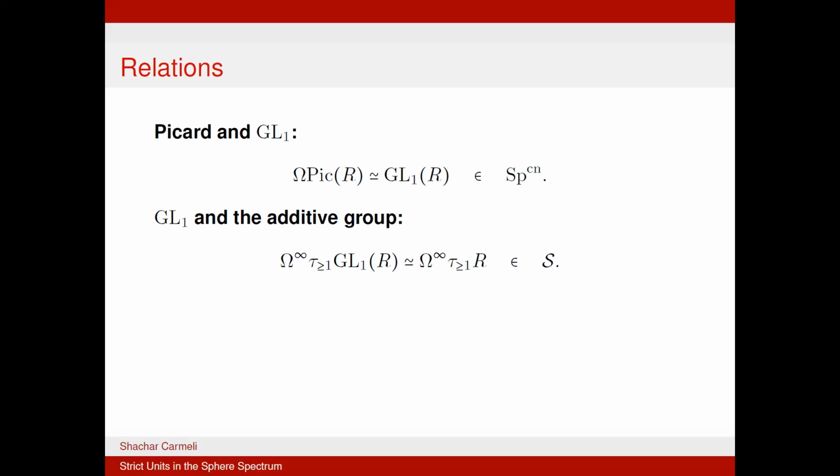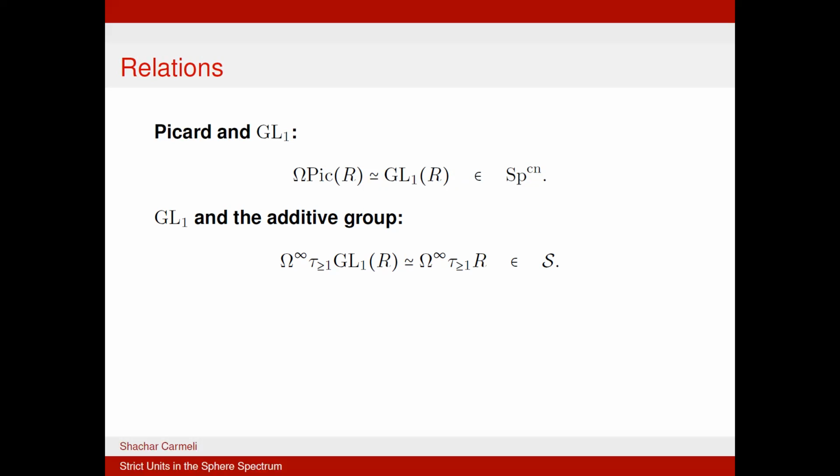And the relation between GL1 and the additive group is a little bit more complicated, but one thing we can say about it is that after we kill the zeroth homotopy group, so from pi_1 and above, or rather the connected covers of both, are the same spaces. So the connected component of the identity in those two spectra are the same space.